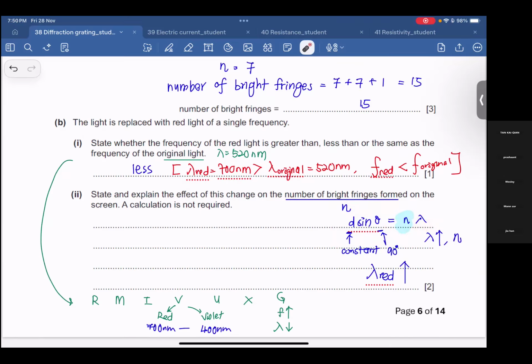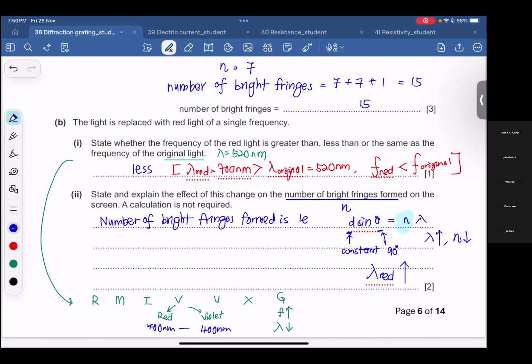Let me have a look. Yes, okay. So here the number of bright fringes becomes less. When the wavelength increases, your N will decrease. So the number of bright fringes formed on the screen is less.